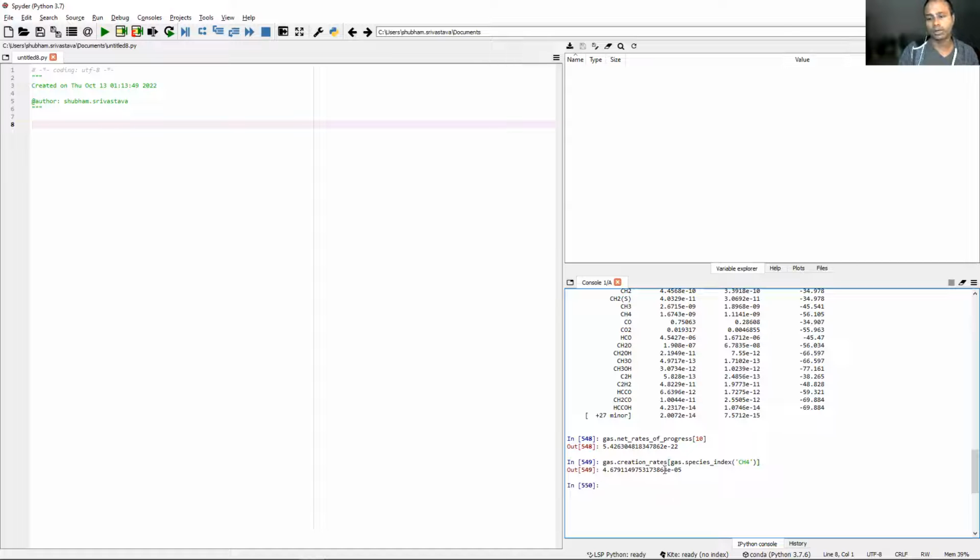So the creation rate is also a very small number. And when we go to net production rates, we'll see the net production rate is 10 to the power minus 19, which is again almost zero. So there is no methane being consumed, there is no methane being produced, there is no net rate of progress. Everything is just frozen, right?